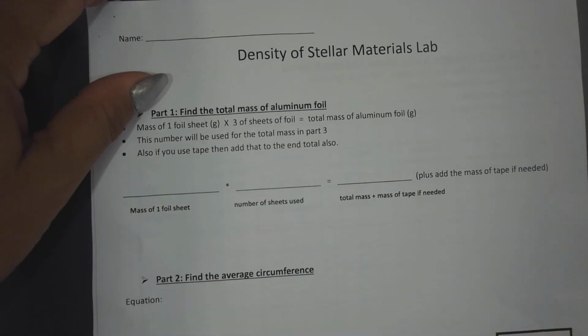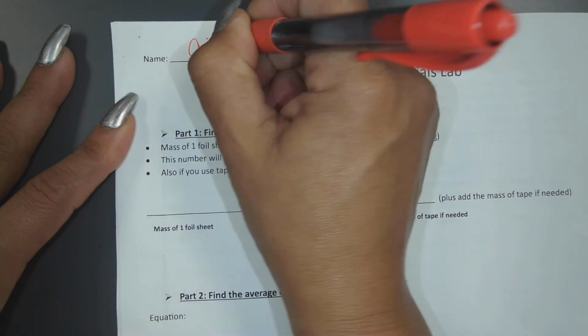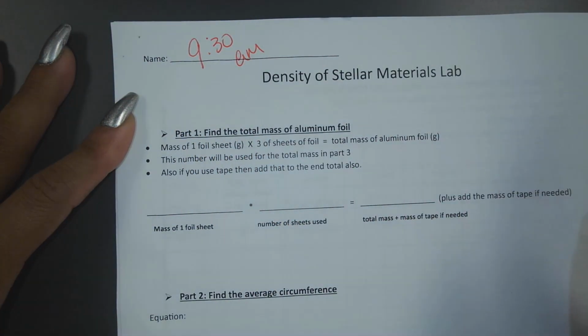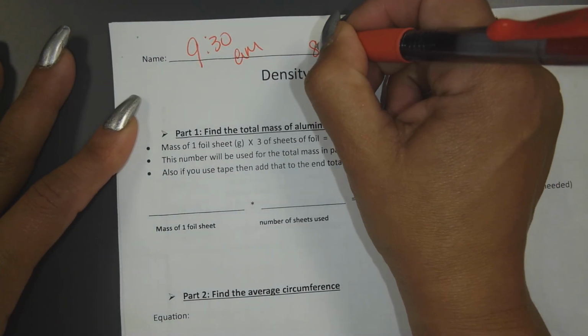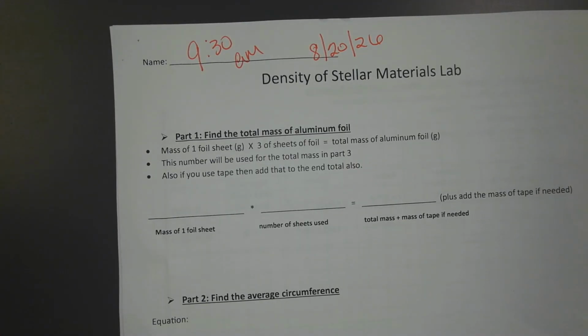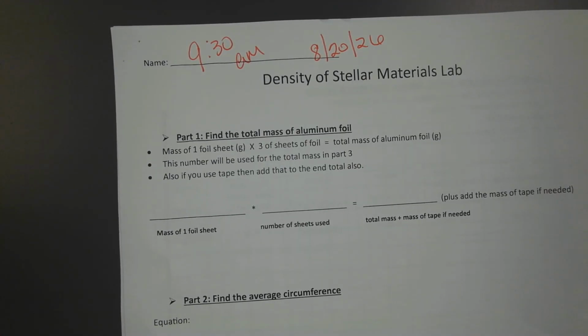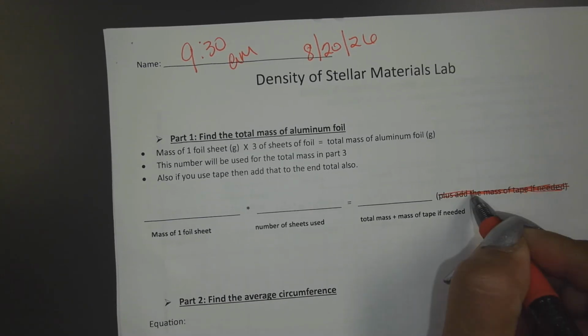Okay, here's our lab. Please put your name on the lab. I'm going to write 9:30 because that's how I can distinguish it. And I'm going to put today's date, but you write your name. There's a couple of problems. I found some mistakes I don't like, and so I made some changes. Scratch this part out with your pen or pencil.